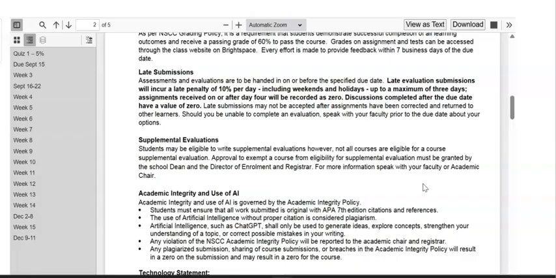So please make sure that you do very good time management and try not to be late. And if you're going to be a day or two late, please let me know ahead of time so that the late penalty will apply, as opposed to if you don't let me know ahead of time, it is a 0.